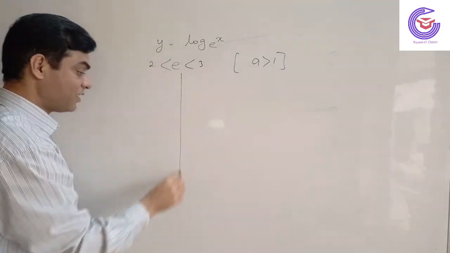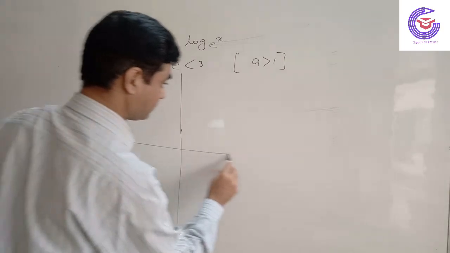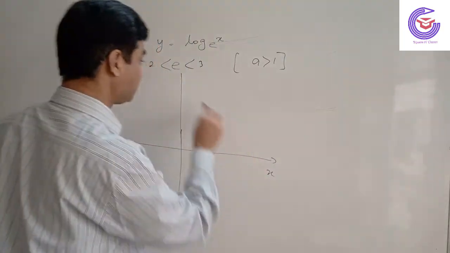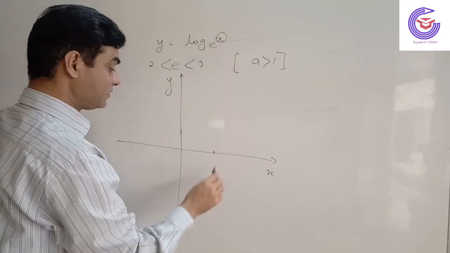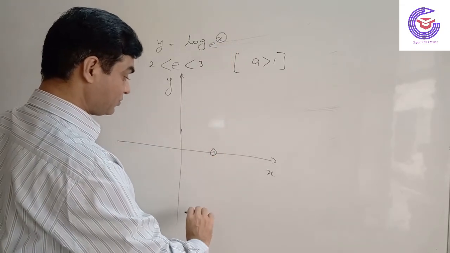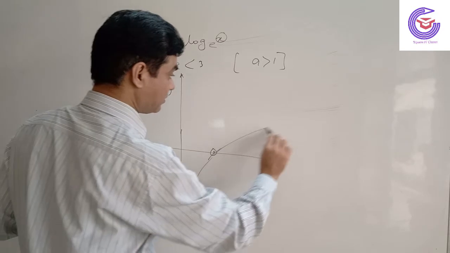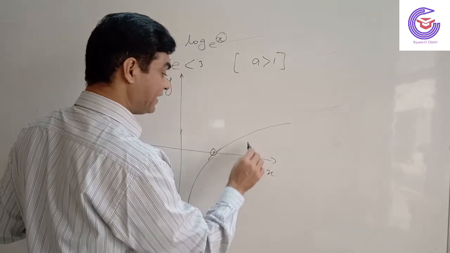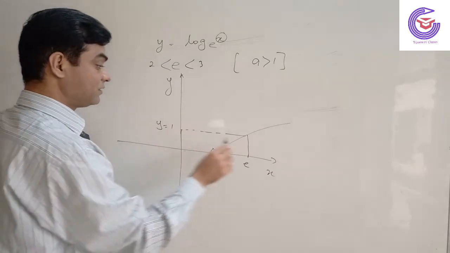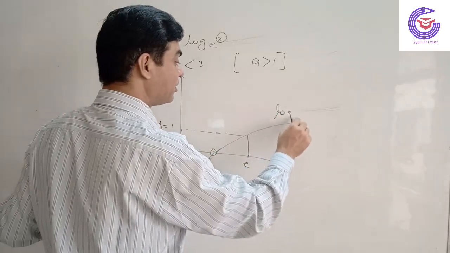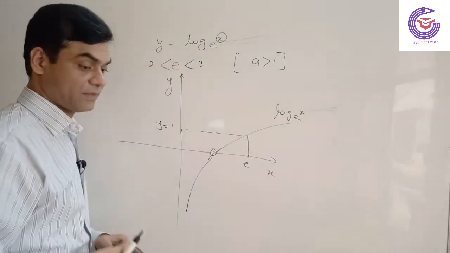So in this case, what will be the graph? When x is 1, the graph will pass through here. At e, y is equal to 1. So this is the graph of log x base e.